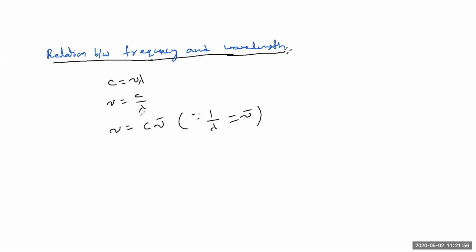Now I am giving problems. By using these formulas, we can do some numericals. Note it down.